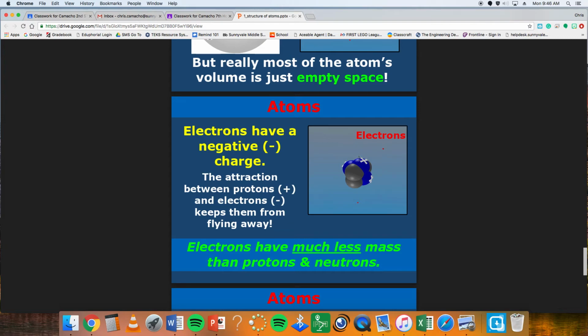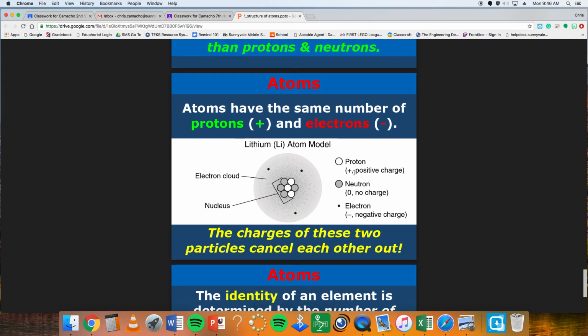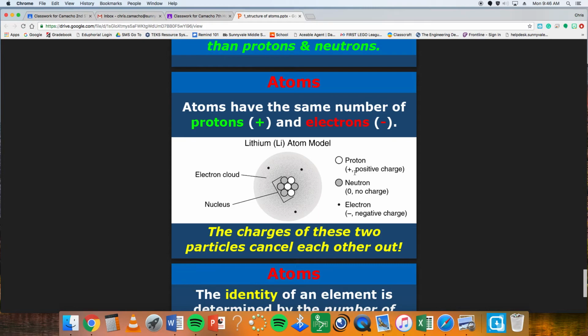Electrons are negative, so we have positive protons, neutral neutrons, and negatively charged electrons. Make sure you're taking notes on this stuff. Super important. Have that in your journal. So atoms have the same number of protons and electrons. Answer my question really quickly.